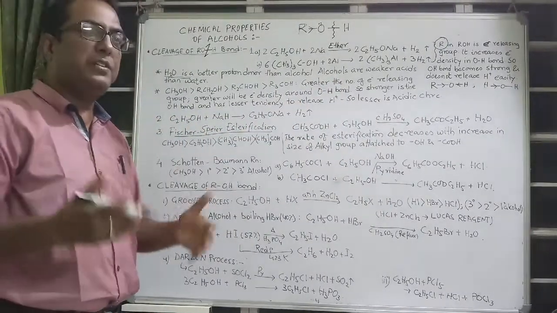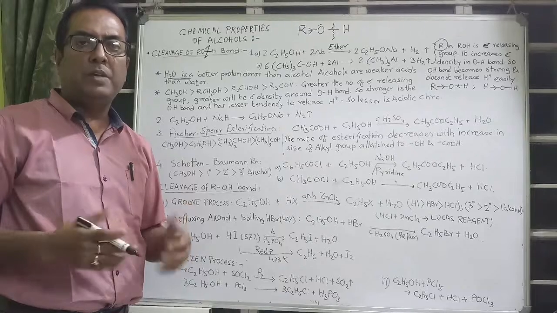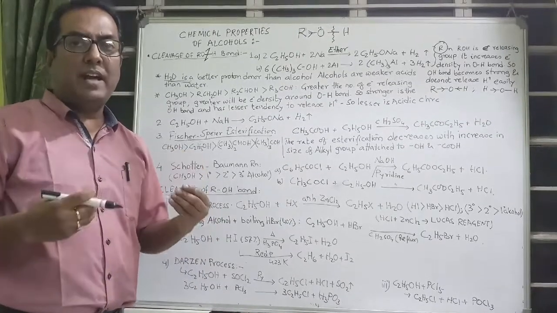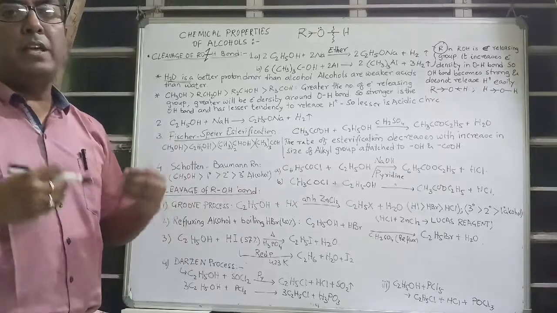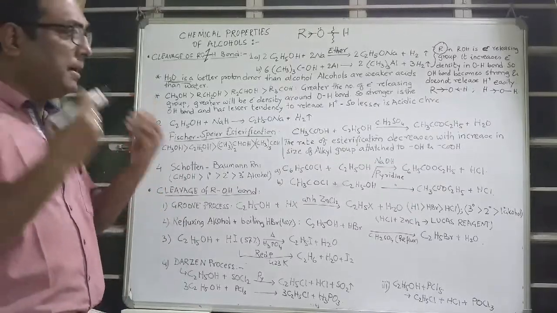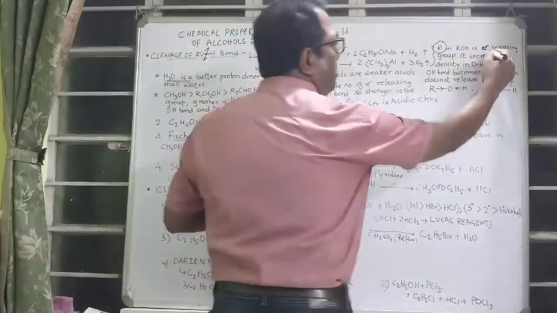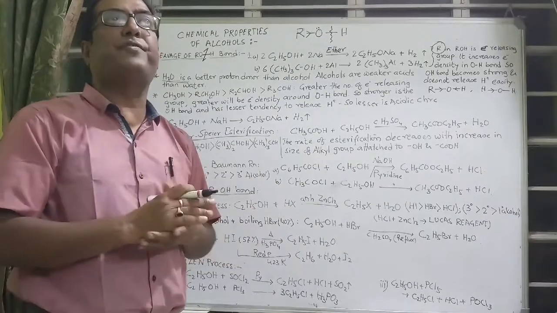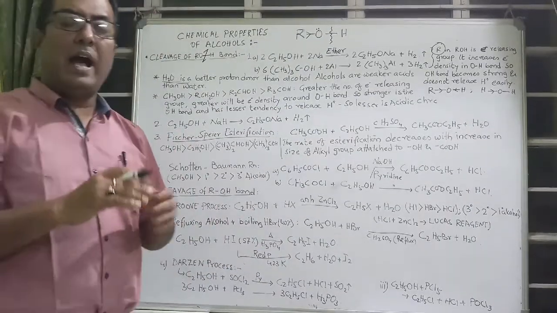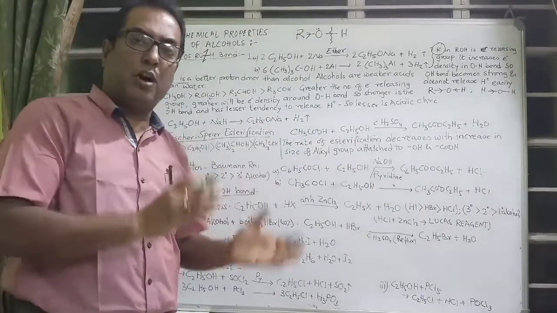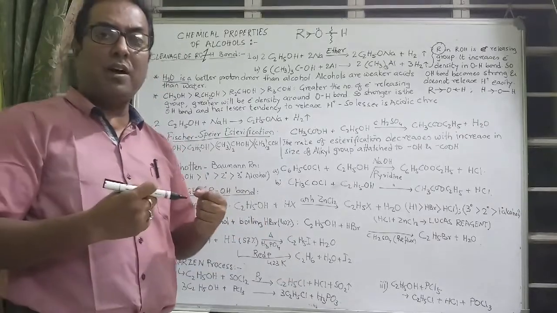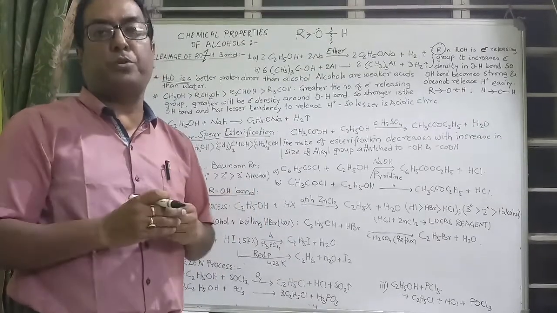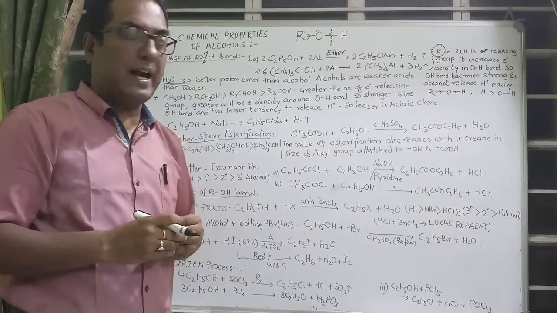When you increase more and more alkyl groups, the plus I effect increases, and the plus I here means the alkyl group is more an electron releasing group. This increases the density of electrons on oxygen, and the bond between oxygen and hydrogen becomes stronger, and it will be difficult for oxygen to release the proton or the H plus ion.